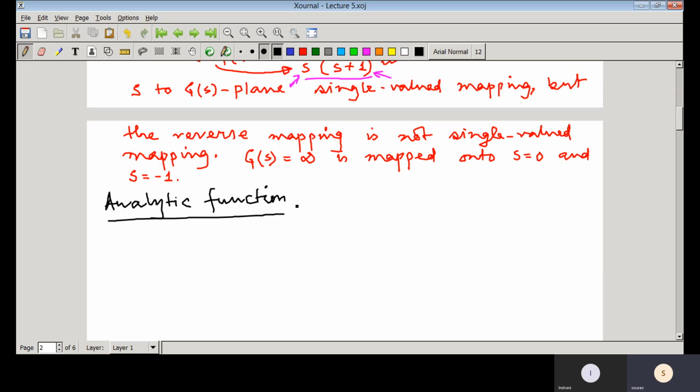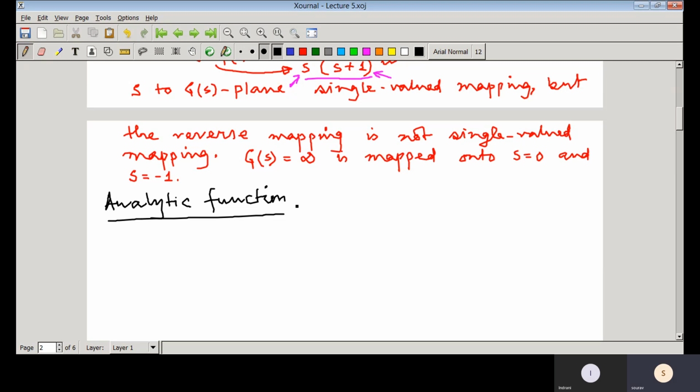I hope you all know it in complex variables. You have studied it in your basic mathematics course. The analytic function, that is the function of complex variable, is said to be analytic in a region of S plane of the function, and that means if the function and its all derivatives exist in that region.